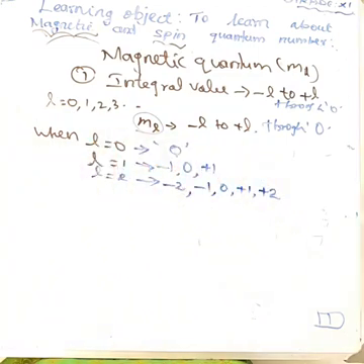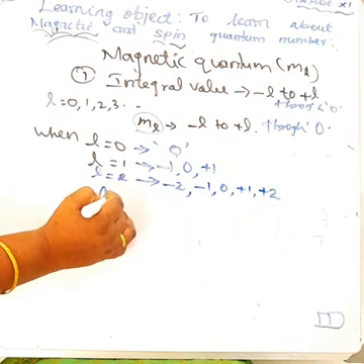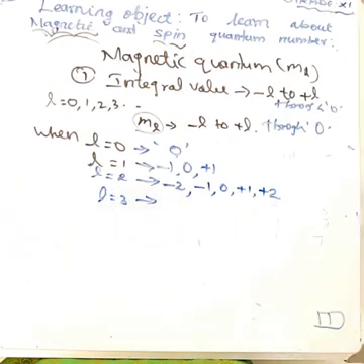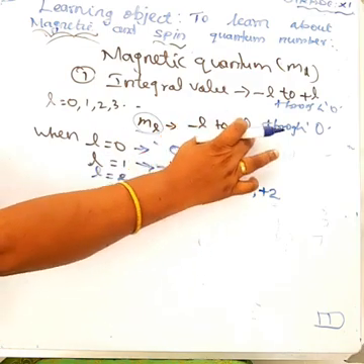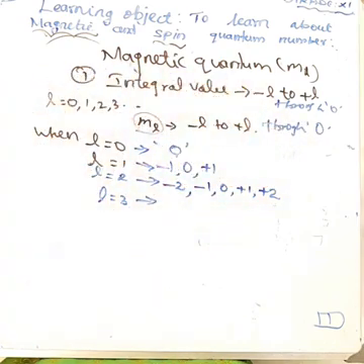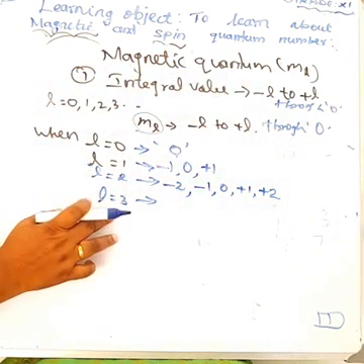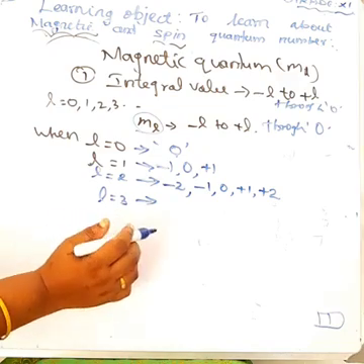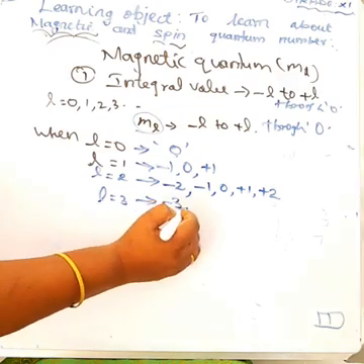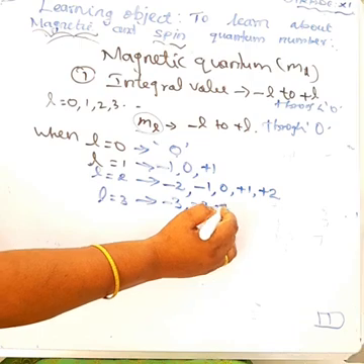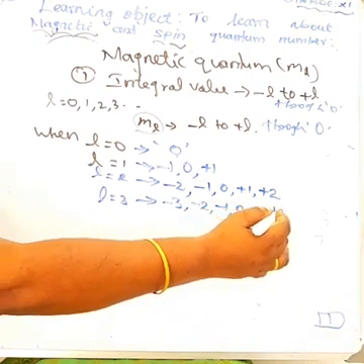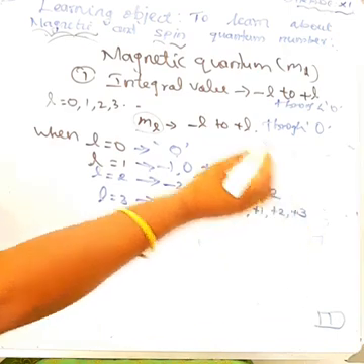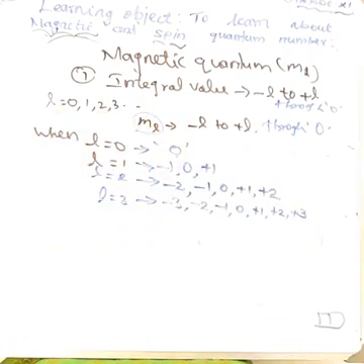When L is equal to 3, what about the magnetic quantum number? It ranges from minus L to plus L through 0. Here L is 3, so it ranges from minus 3, minus 2, minus 1, 0, plus 1, plus 2, plus 3.